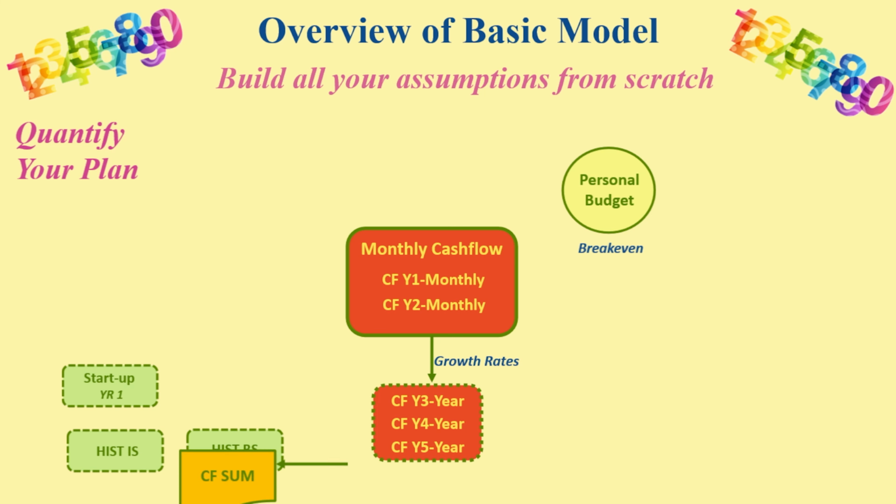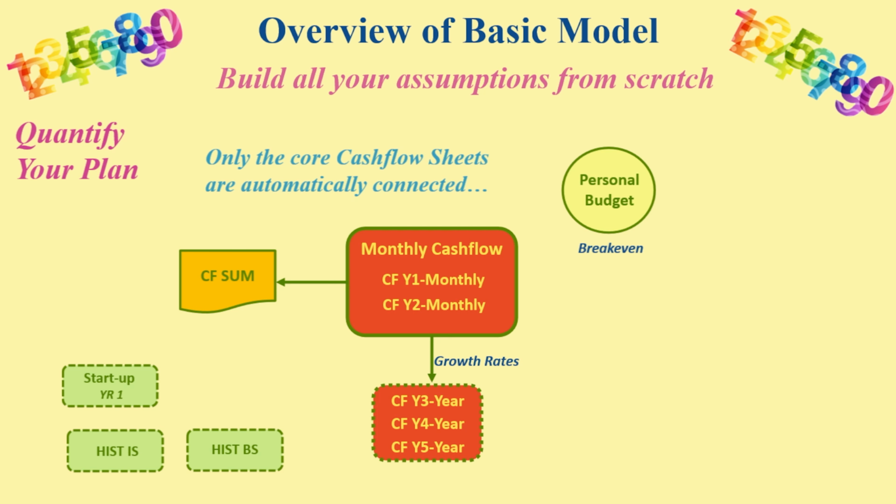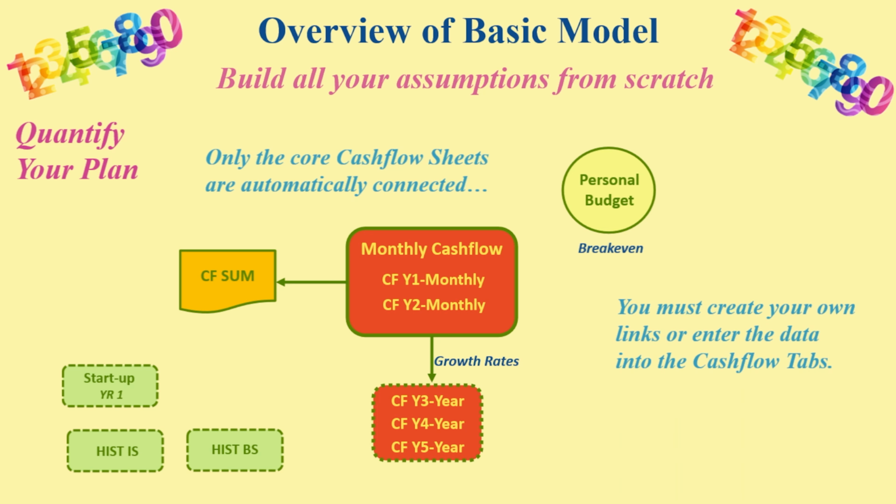And finally, there is one output report, a 5-year cash flow summary. Notice, only the core cash flow tabs are automatically connected. The rest of the data in tabs is independent. You must create your own links or data enter the information.